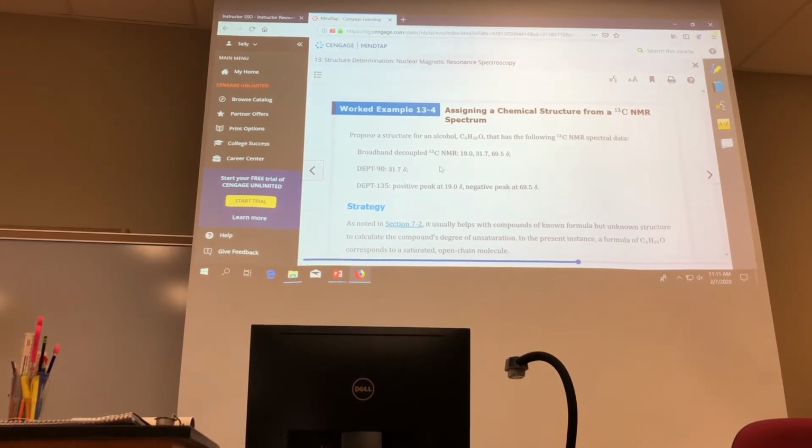Where would an OH be? Would it be at 19, 31, or 69? The carbon that's bonded to it. What? 69, exactly. So we know that when we're looking at it, it's a negative, so this is a CH2, right? So that means what? It's probably on the end, isn't it?